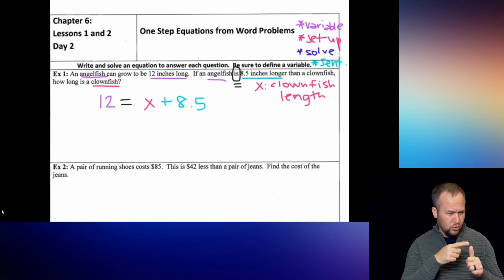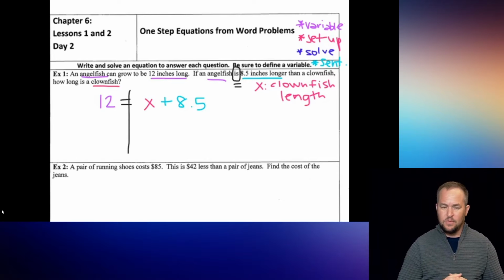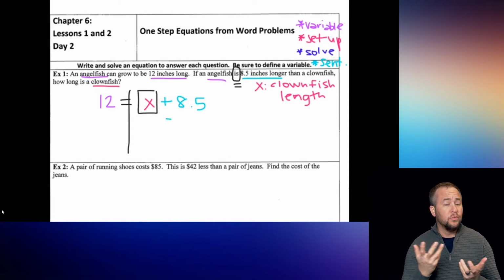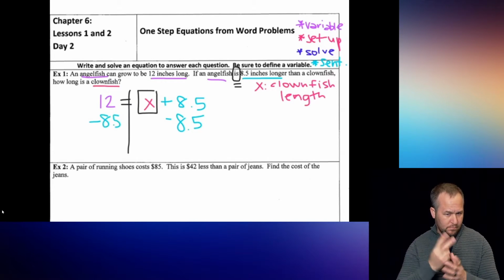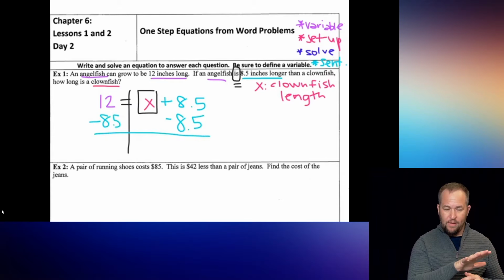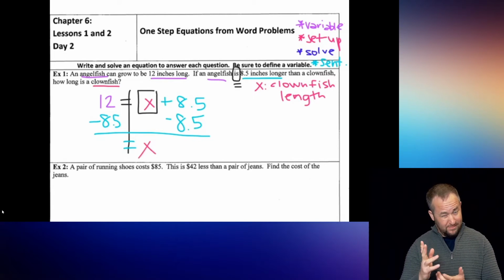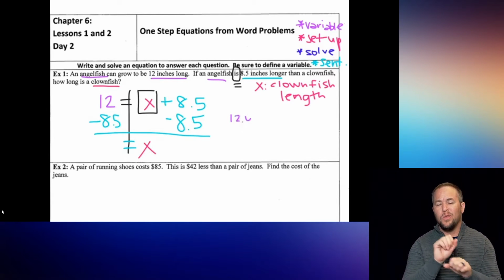All right, once you get that started, I like to go ahead and draw my line down that equal sign. We want to isolate that X. So the only thing we must do here is subtract 8.5 from both sides. So then I still have X on this right side. But when I take 12 minus 8.5, we can also show that work over here because remember, still no calculators.